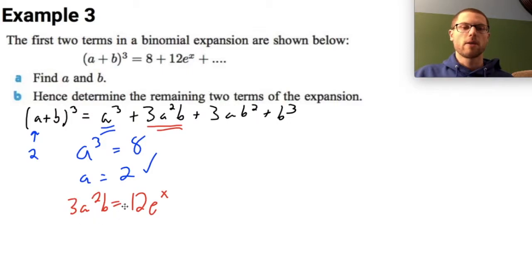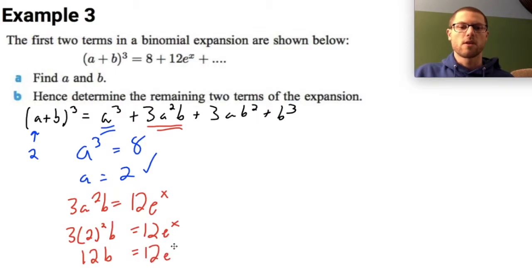At this point, it might look like this fact alone isn't enough to figure it out. But I do know what the a value is. So this is going to be 3 times 2 squared times b equals 12 e to the x. Or I could say this is the same thing as 12 times b equals 12 e to the x. And so hopefully you're seeing that b is equal to e to the x.